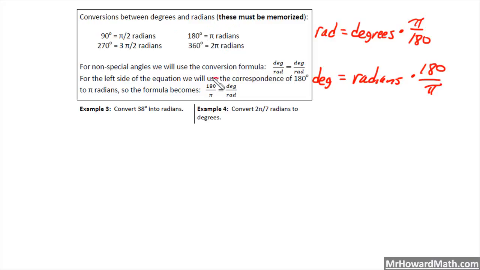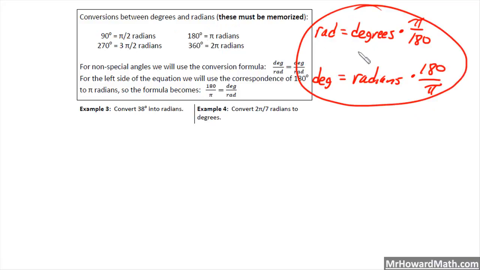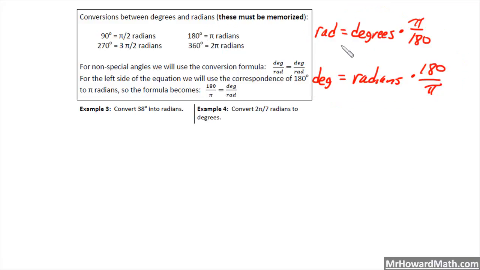You can set up your ratio like this, 180 over pi equals degrees over radians, but most students prefer this setup. It's the same thing, but this is the way I usually explain it. So if you want radians, you take the degrees that you have and you multiply it by pi over 180.